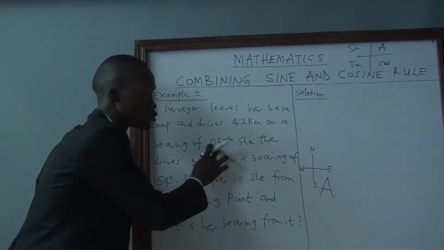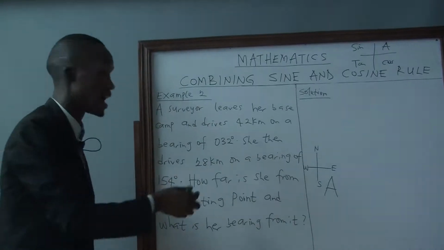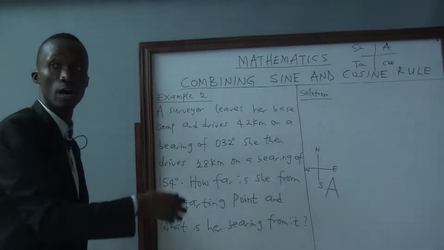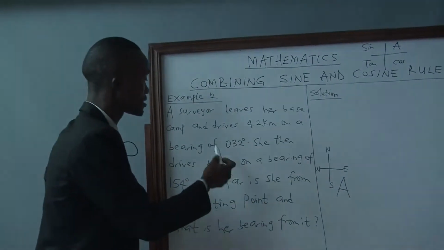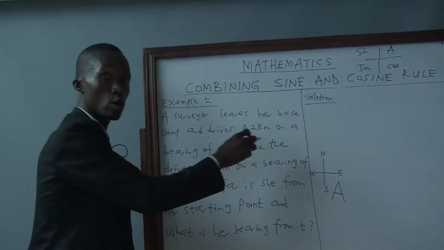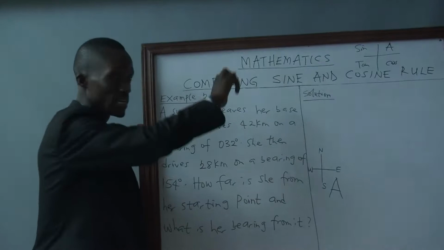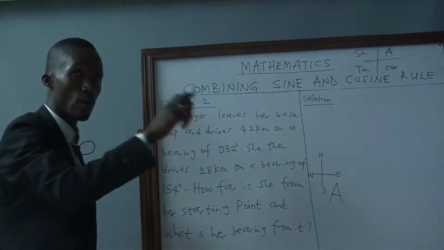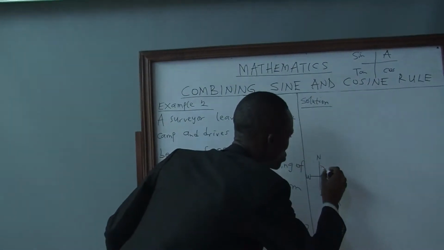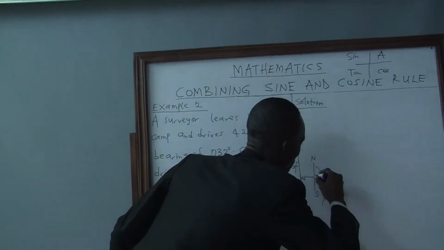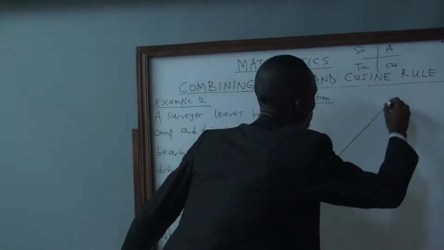This 032 is telling us that the bearing is the surveyor's bearing. The 0 is telling us that we are to start taking that bearing from the north pole, and we are to take it clockwise, the way a clock works. So from there we have this as 032, and that is 42 kilometers.